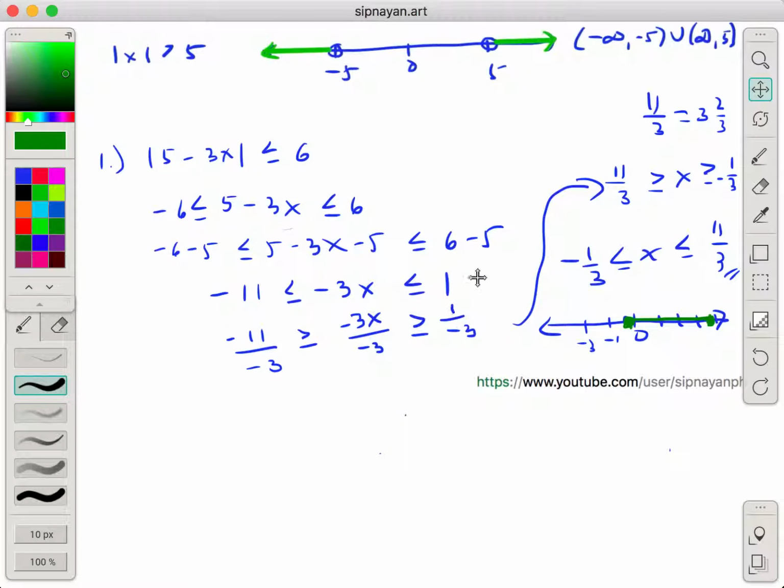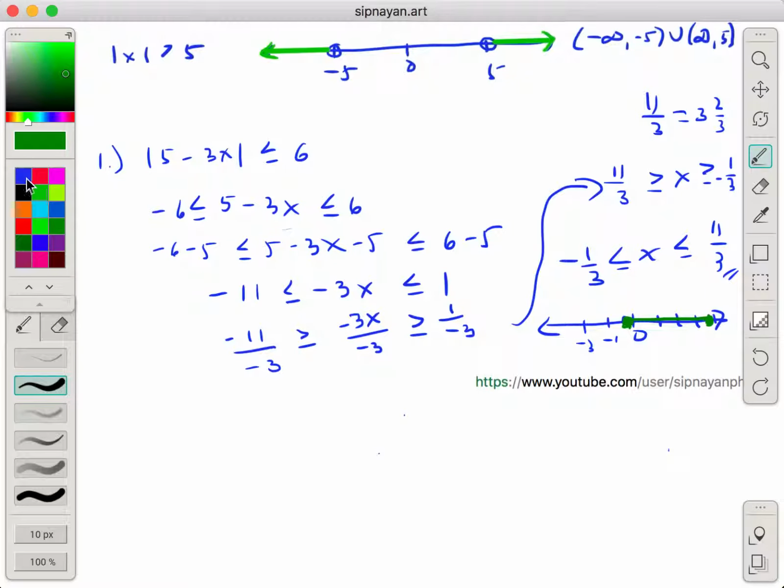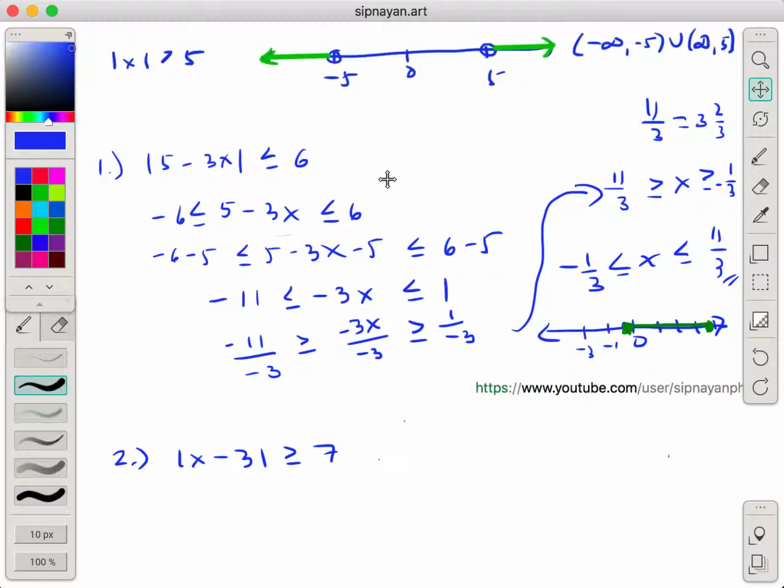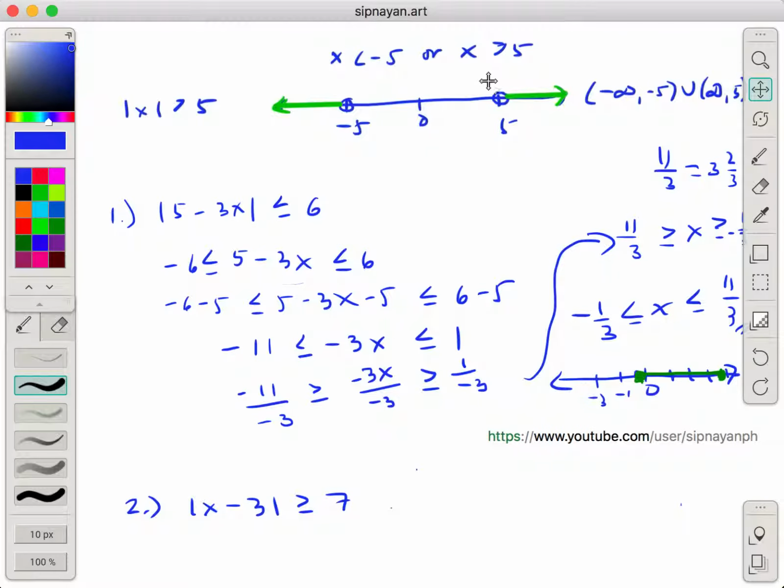Okay, so let's have our second example. We have the absolute value of x minus 3 is greater than or equal to 7. So this is the second form, so we use OR. It is not like the first one because this is greater than.